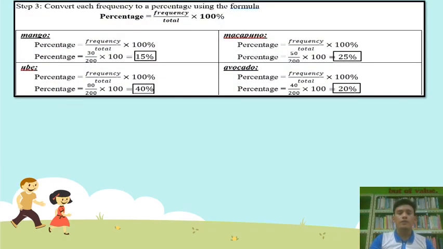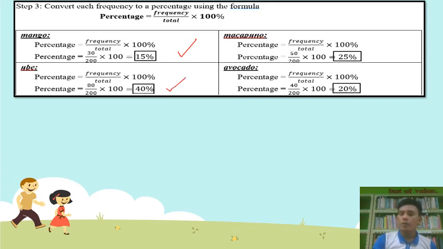For the percentage, for the mango, frequency over the total times 100. So percentage for the mango, 30 students over 200 times 100 is 15%. For ube, 80 over 200 times 100, that is 40%.